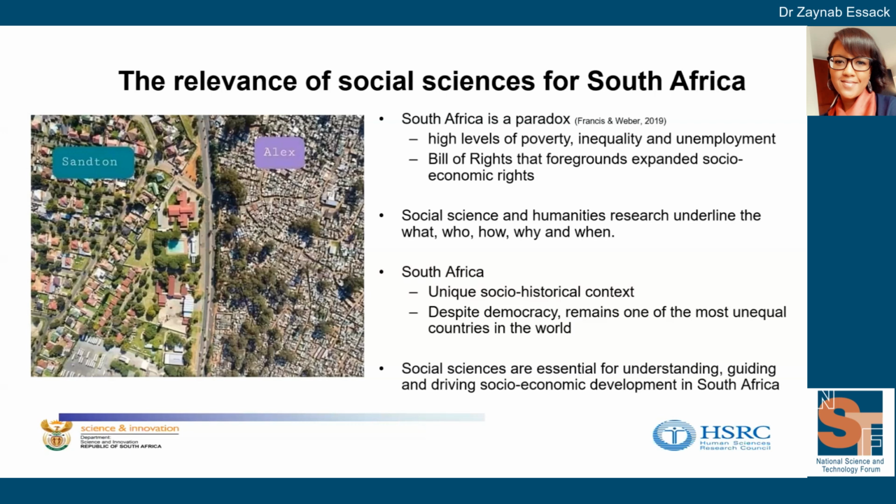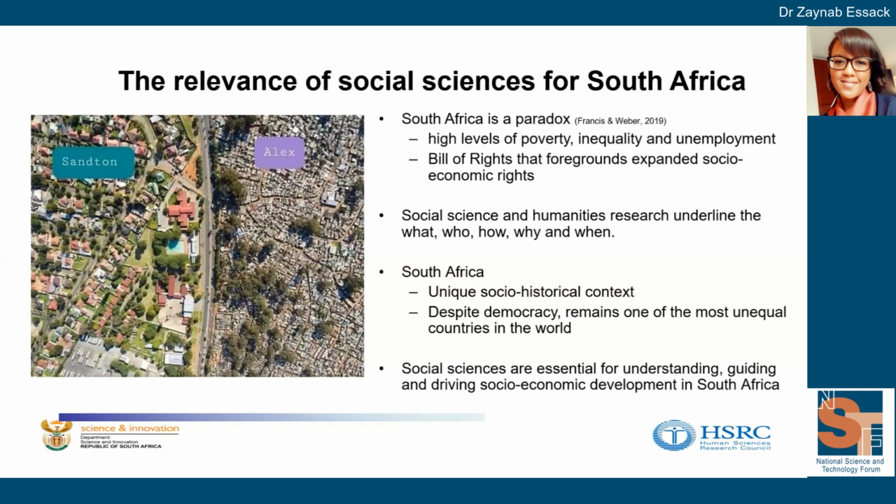Social science and humanities research wants to explore and underline the what, the how, the who, and the when. And the way we do that is through understanding why things are the way they are. So a particular crisis in the country, like when COVID happened, and understanding the historical implications of apartheid policies, and as we move forward, how things have evolved despite all these great progressive laws we have, why things aren't always implemented as they are.